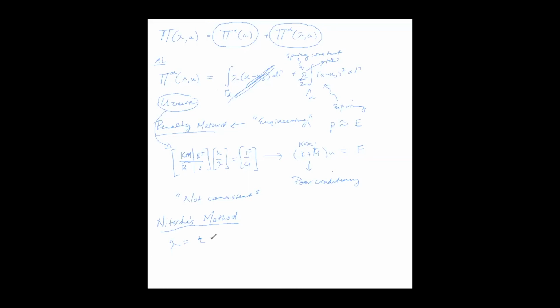So it's going to basically be some function of the first derivative of the displacement. In this simple 1D setting that we've been looking at in class, we'll just set it equal to the negative of the derivative of the displacement. That's Nitsche's method.